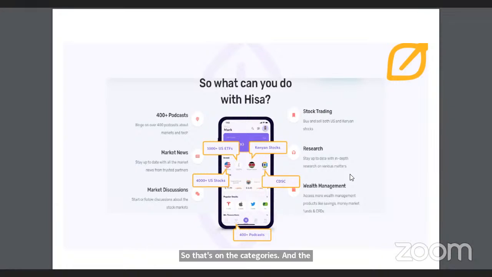And the same thing, if you want to buy a US stock, all you have to do is, let's say you want to buy Tesla. You click on all stocks, and then you'll see a search button.